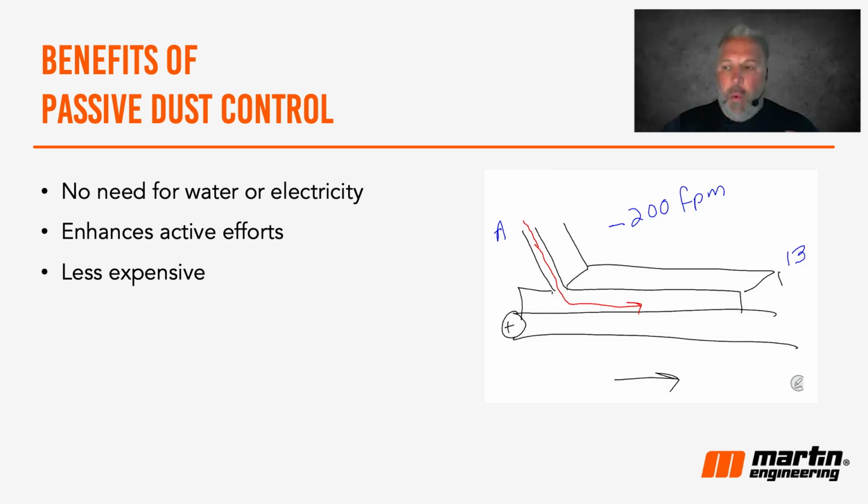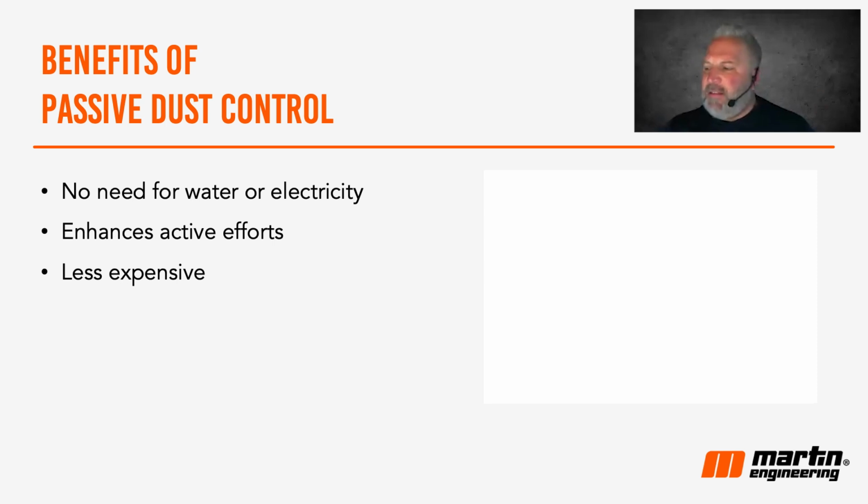Now, this works for one belt dumping onto another belt, or maybe a hopper dumping onto another hopper. The key is that it's enclosed, no air can escape until that air gets to point B. And at point B, we slow the airspeed to under 200 feet per minute. So that's just the basics of a passive dust collection system.